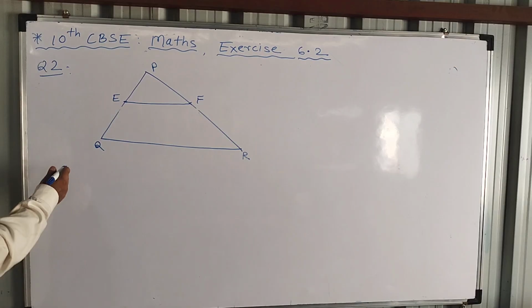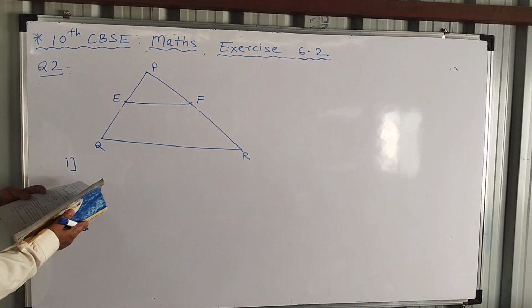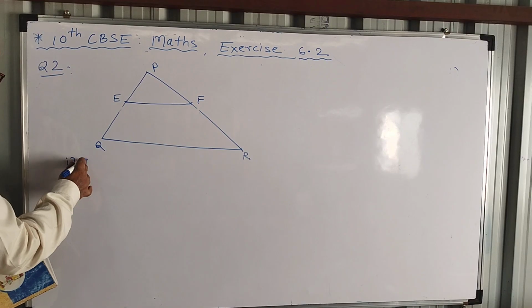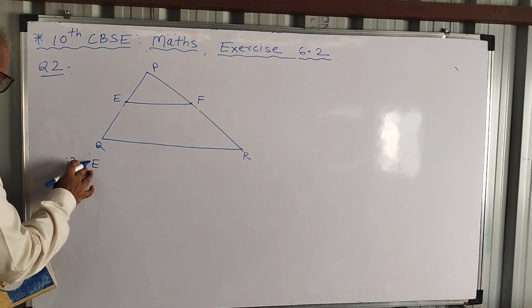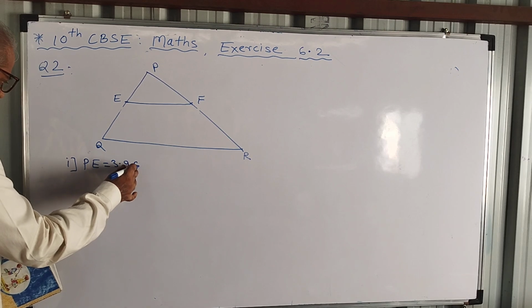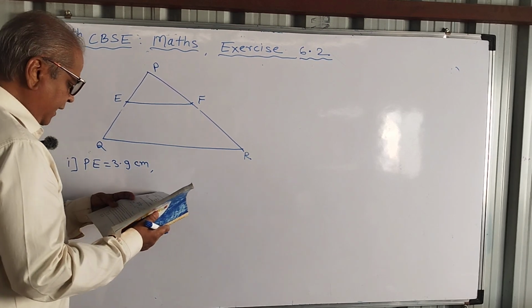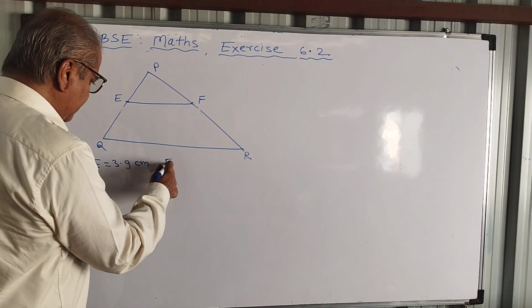So first question, we will write the dimensions. PE is equals to 3.9 centimeter. EQ is equals to 3 centimeter.